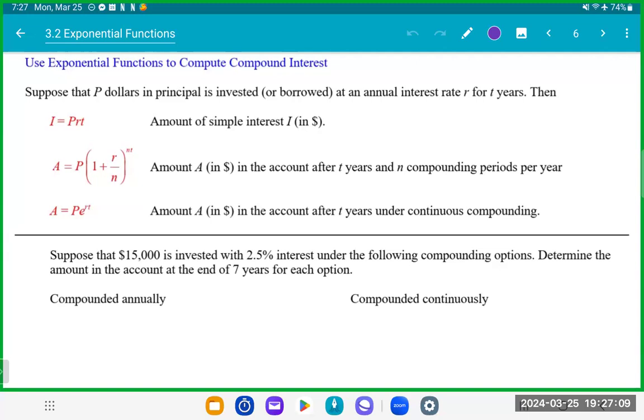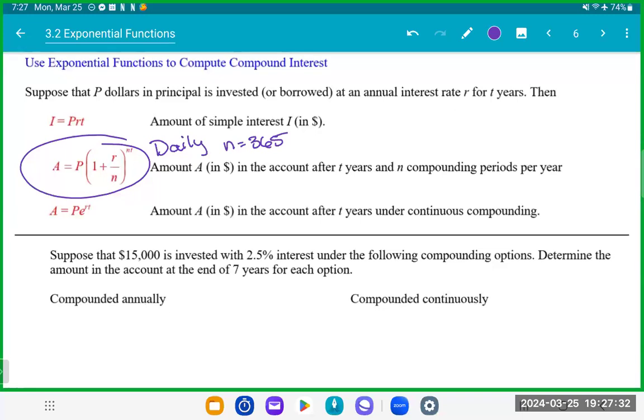Compounding continuously is very similar to compounding daily, right? So if you did this formula here and you did it daily, then my n is equal to 365. And it is very, very close. It'll be maybe a penny or two off from your continuous compounding.